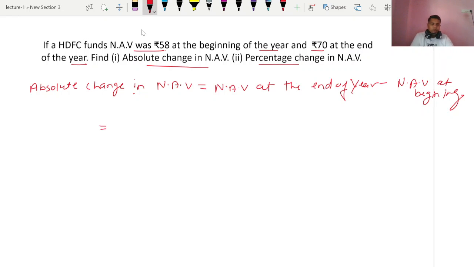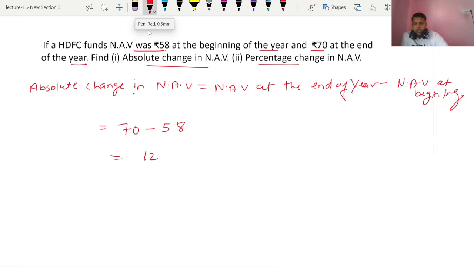So what is the net asset value at the end of year? 70 rupees minus net asset value at the beginning 58. So what is the absolute change? So it is 12, I think. So 12 rupees. 12 unit. So this is absolute change.